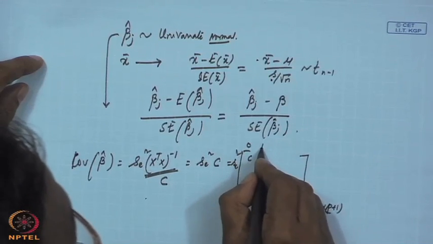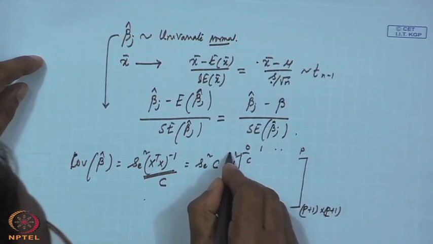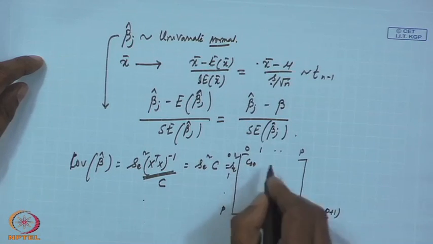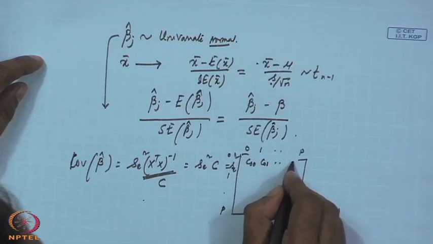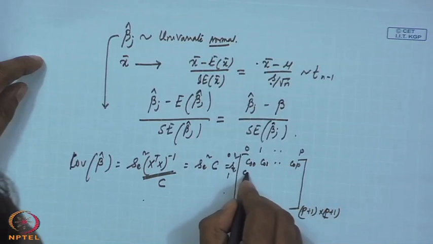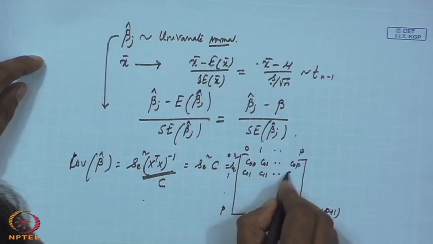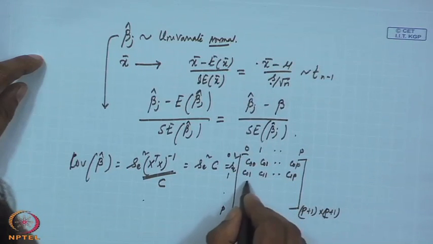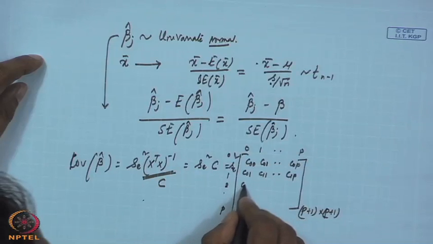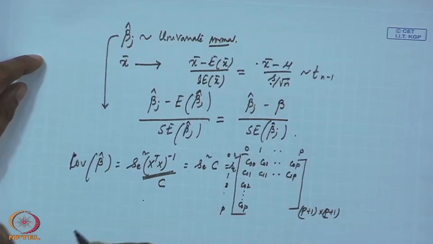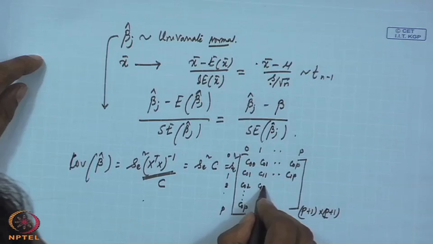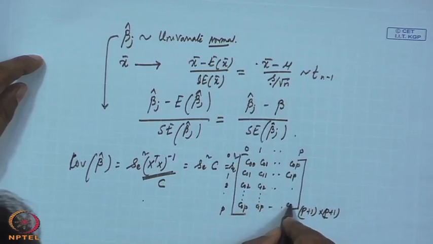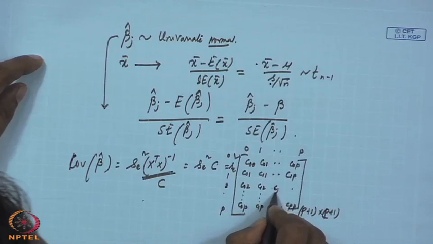First one is 0, then 1 like this up to p, here also 0, 1, up to p. So, first one is C 0 0, then C 0 1 like this C 0 p, then C 0 1, C 1 1, C 1 p. Then here it will be 2, so C 0 2, like this C 0 p, then C 1 2, like this C 1 p. In this manner you will calculate, then C p p, and somewhere the jth one will be C j j.